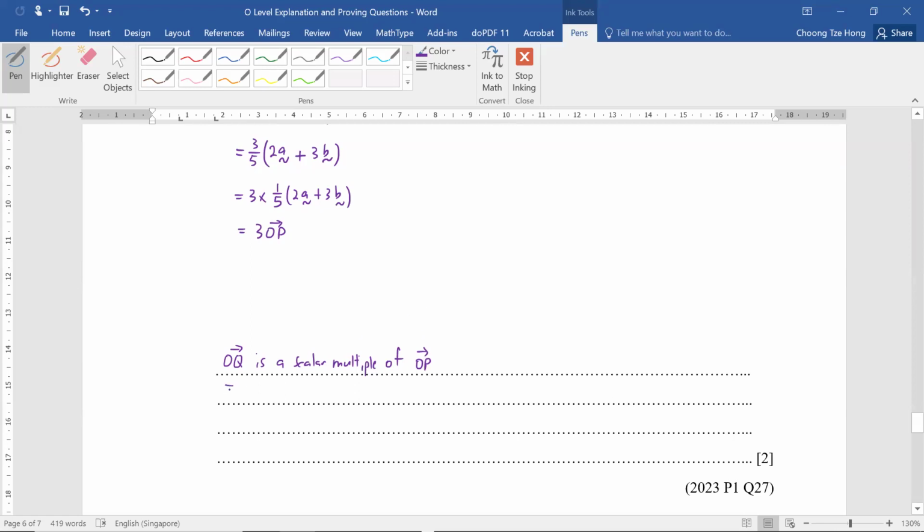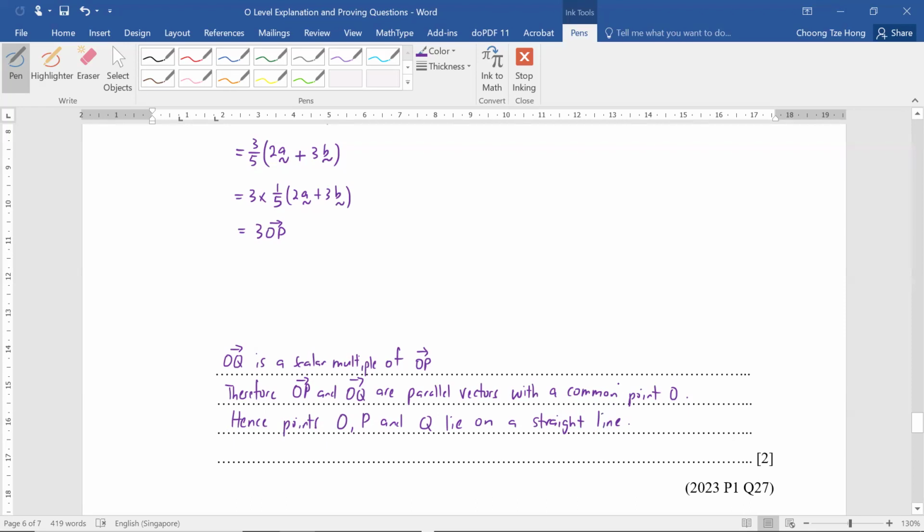So let's write: therefore, OP and OQ are parallel vectors with a common point O. Hence, points O, P and Q lie on a straight line.